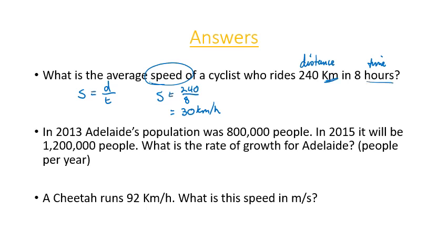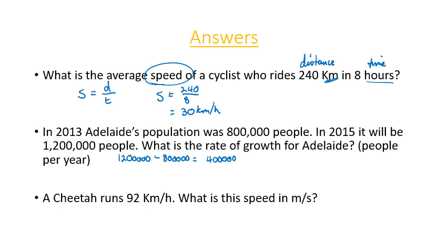In our second question, it says in 2013, Adelaide's population was 800,000. In 2015, it will be 1.2 million. What is the rate of growth for Adelaide? In other words, how many people per year? The actual growth of people is 1,200,000 take 800,000, which gives us a growth of 400,000.